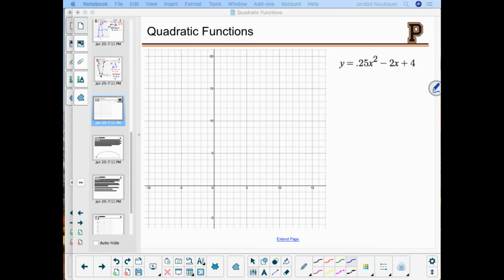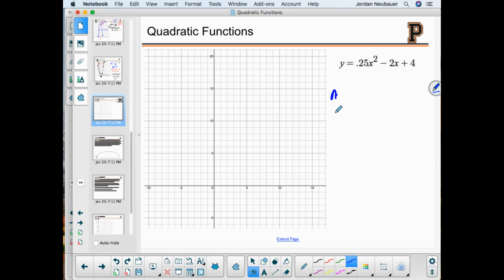All right, so with this one, guys, we should start with AOS as normal. AOS, again, found by the equation opposite b over 2 times the a. We've got a b value of -2 and a value of 0.25. So our axis of symmetry with this specific quadratic is going to be opposite -2, which is 2, over 2 times 0.25.